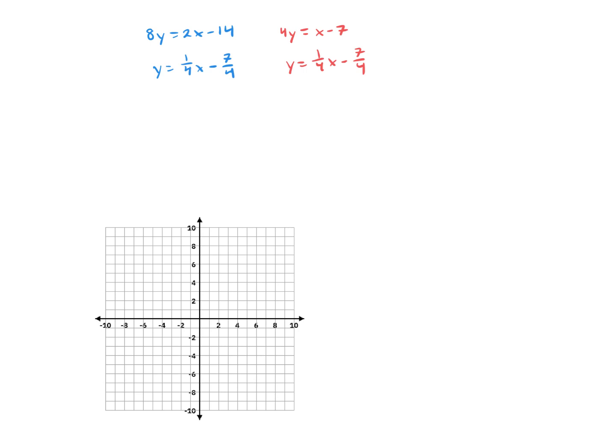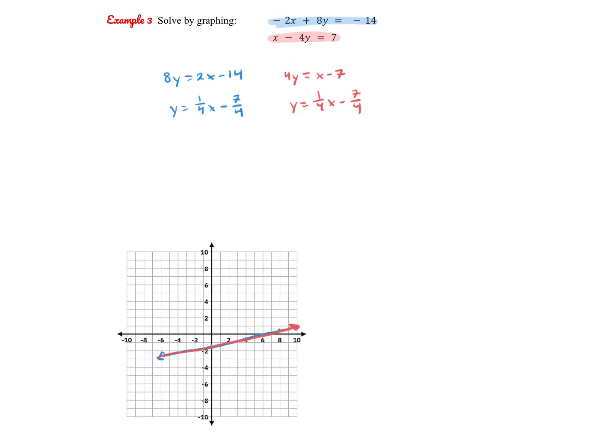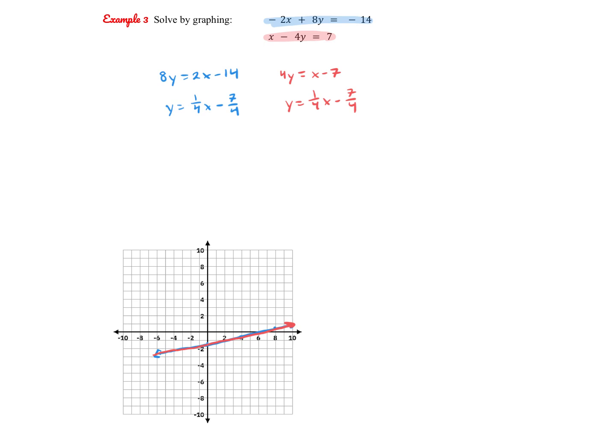So here you would just kind of have to estimate where negative 7/4 is. So about here. Then to follow that slope, you're just going to need to kind of estimate, but just do your best there. And again, you don't really even need to graph this because we know it's just going to be the same line on top of each other, and they are intersecting at every single x value.